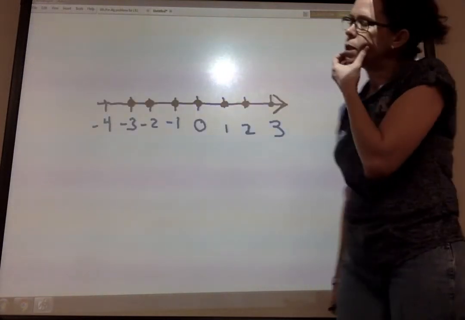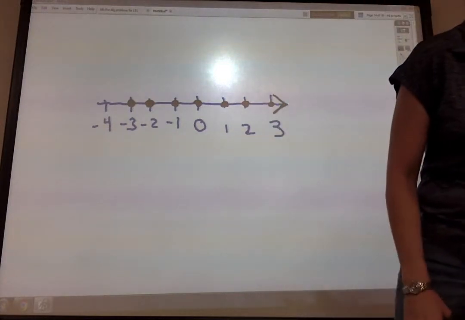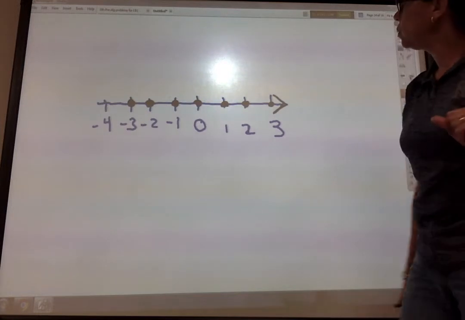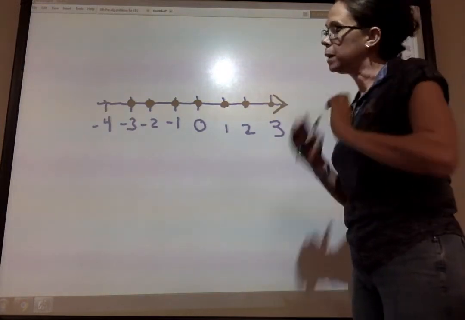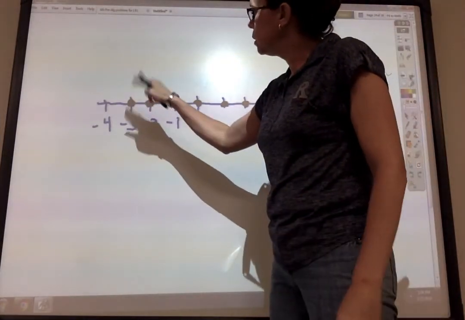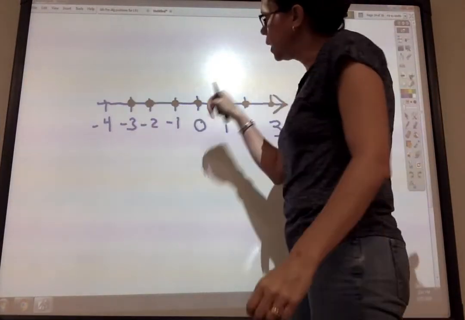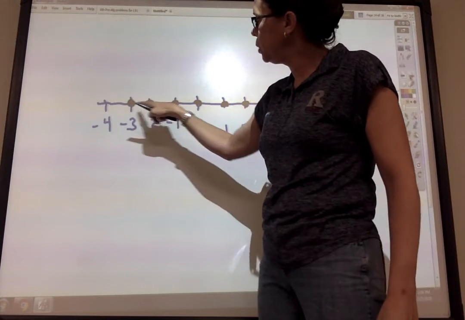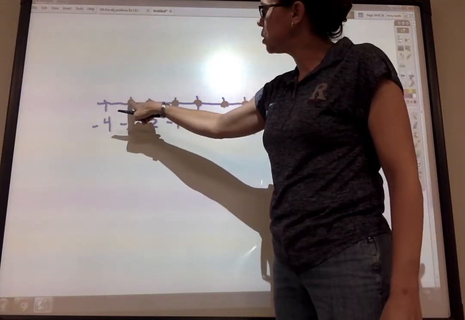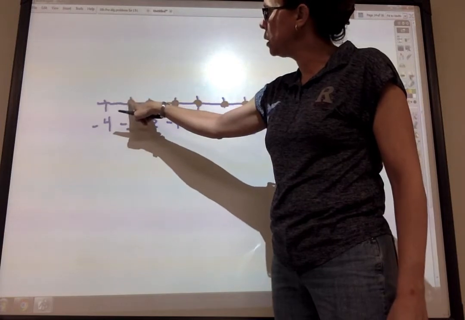Okay, this one says to graph all integers greater than or equal to negative 3. Integers, okay? So I don't put a circle somewhere and draw a line. If I draw the line, I'm including things that are not integers. So I did dots. It says it could be equal to negative 3, so I started here.